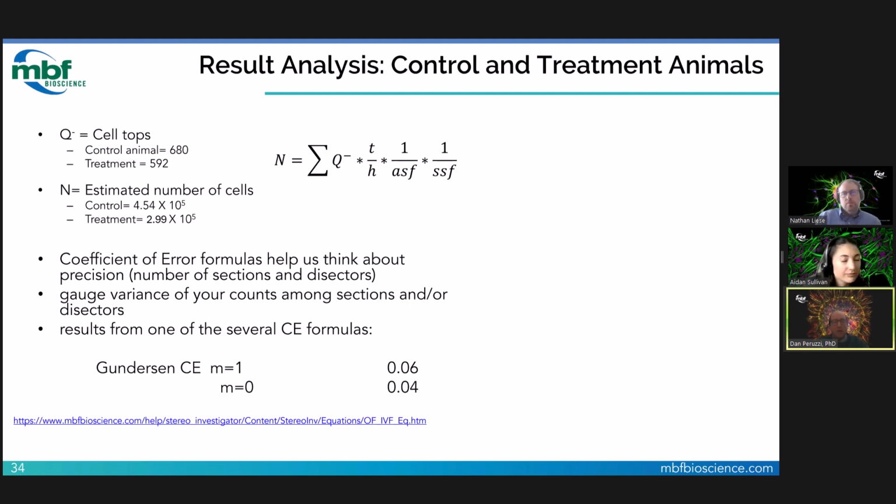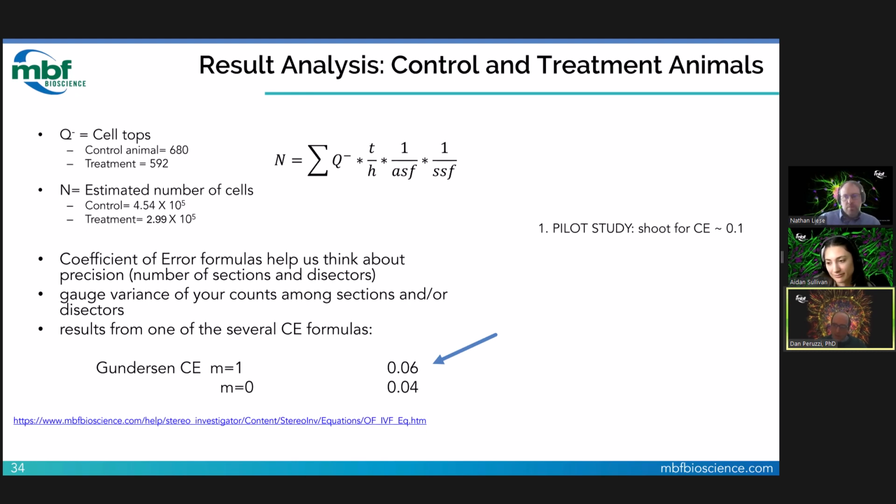We are not looking at the formulas of the CEs today. We could probably do a whole webinar just on that, but there is a link there to see the formulas and the references. Because the CE is below 1, that indicates that we could possibly get away with more counting.